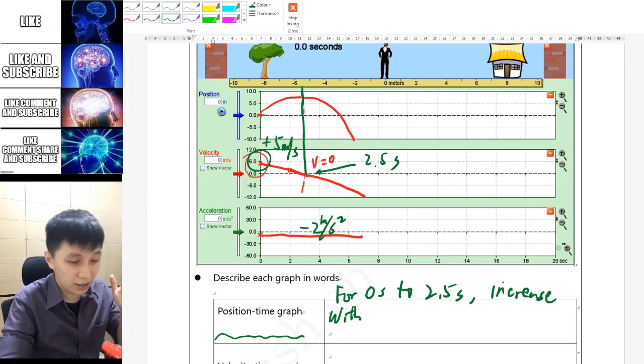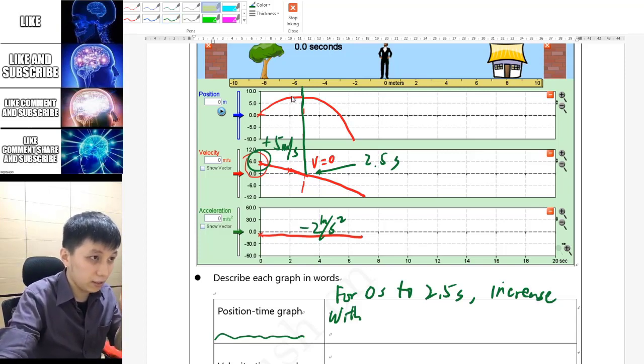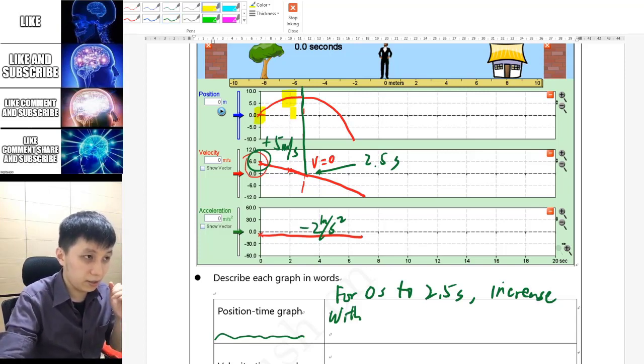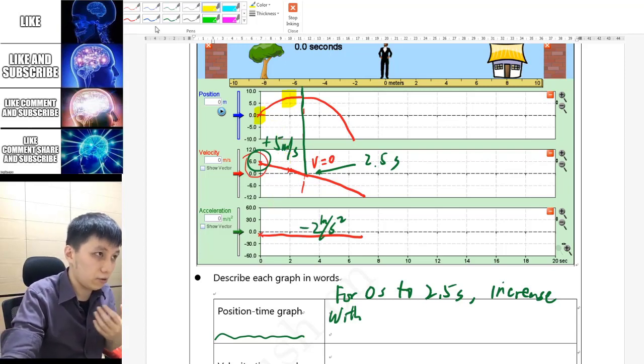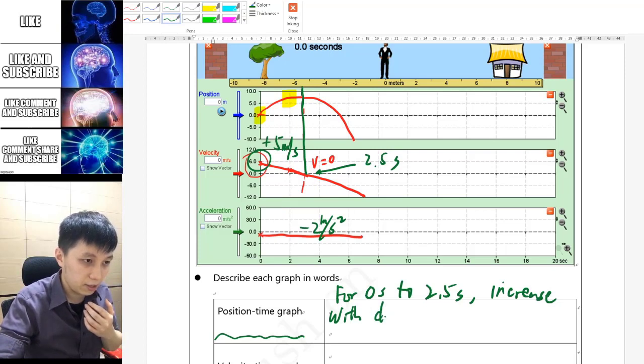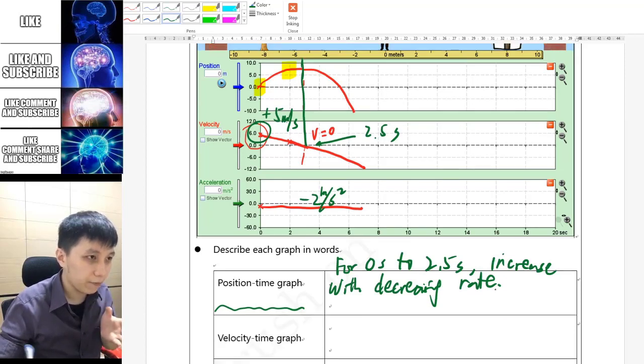Because it doesn't get as steep later on. If you look at this part and the beginning, at the beginning is more steep and later on become more gentle. So with decreasing rate. Okay, and that's what we have.